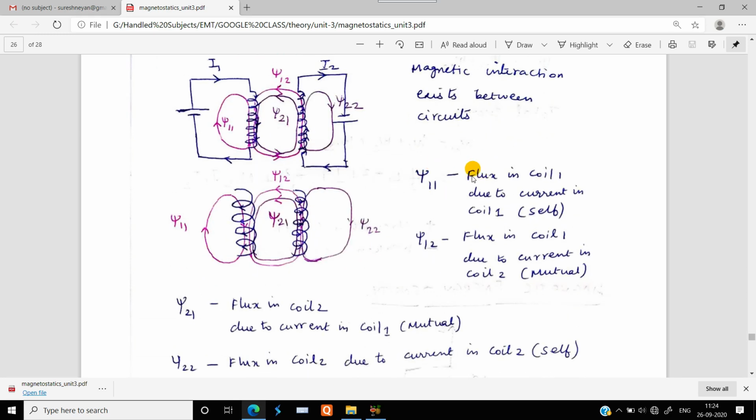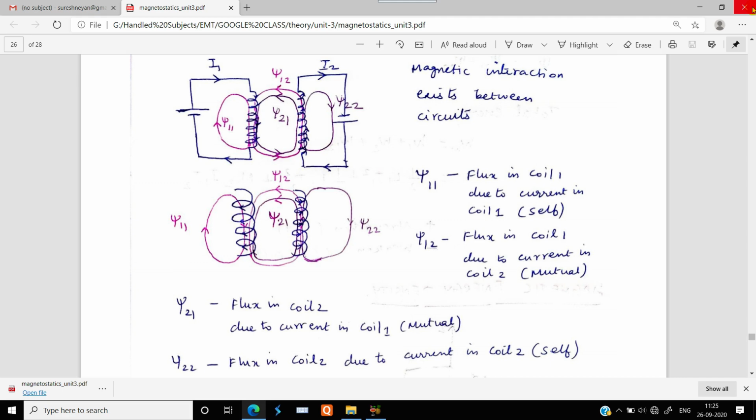So we can represent the flux linkages as psi 11, the flux in coil number 1 due to the current in coil number 1, that is going to be a self-inductance. That is going to represent the flux linkage for the self-inductance.